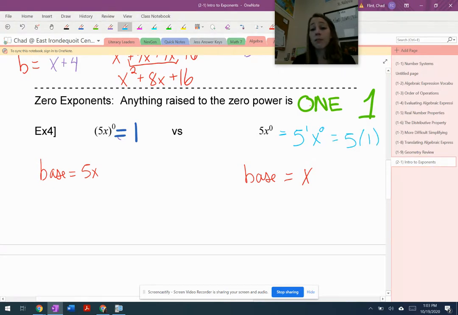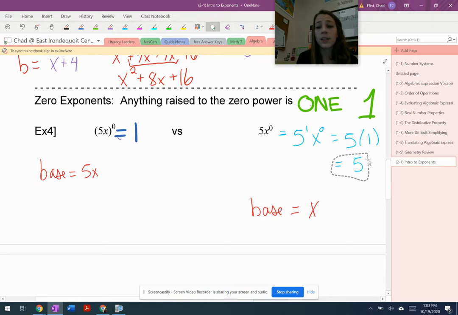That 5 to the first power stays 5, and x to the 0 power is 1, because anything raised to the 0 power is 1. And 5 times 1 is simply just 5. So there we go. Big difference there. And again, that big difference is simply because of those parentheses.